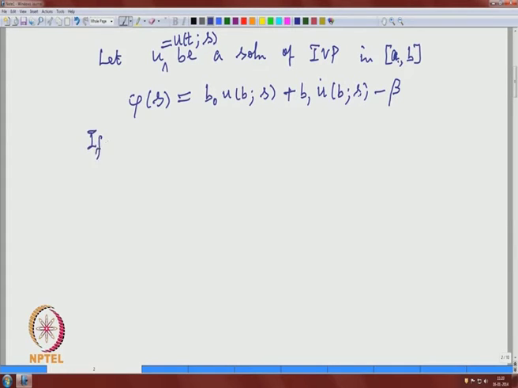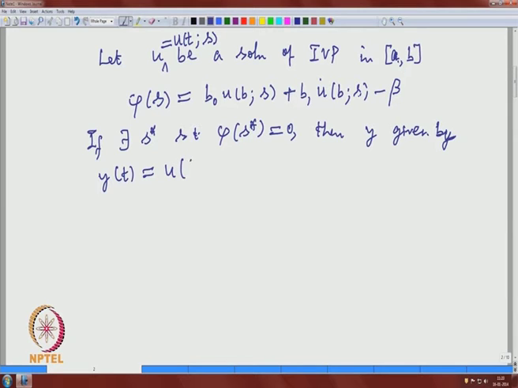If there exists s star such that phi of s star is 0, then y given by y of t equal to u of t, s star is a solution of the BVP.